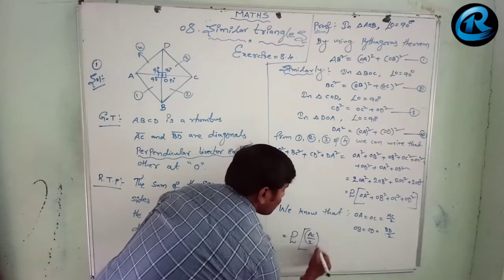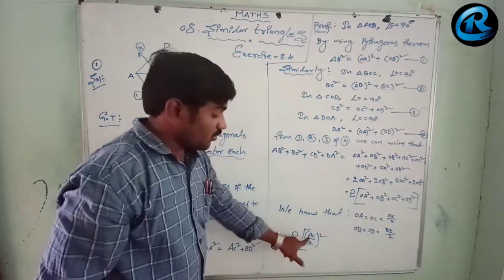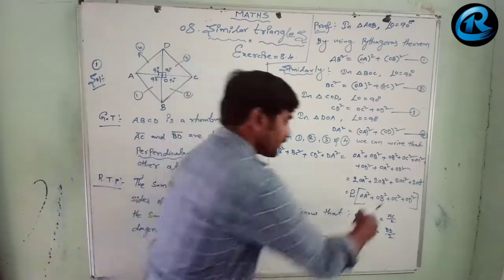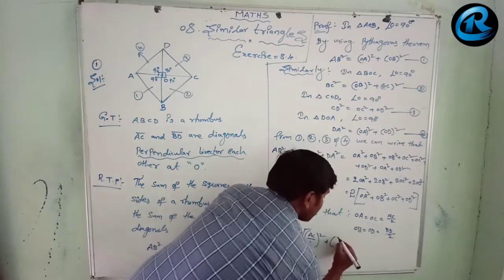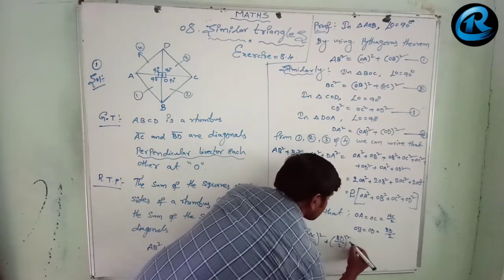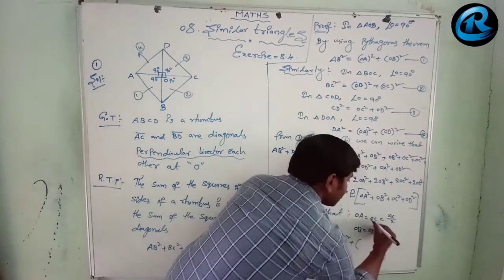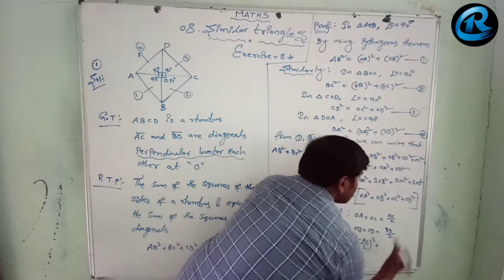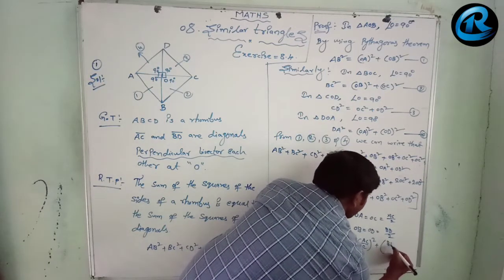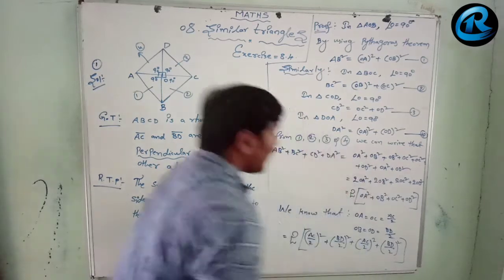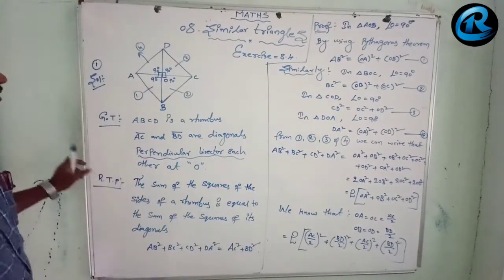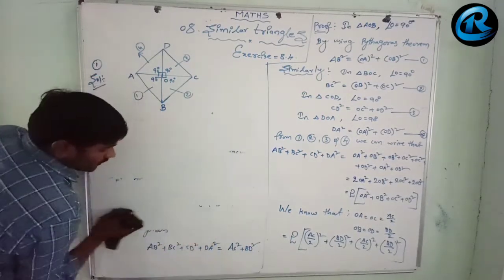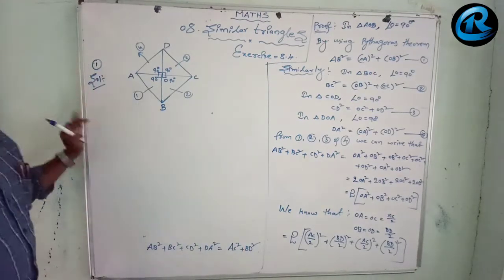OA square is AC by 2 whole square, plus OB square, that is BD by 2 whole square, plus OC, again half of the AC whole square, plus here OD, that is BD by 2 whole square. Again we need to simplify this. Okay, let's go for the simplification. Remember what we need to prove.